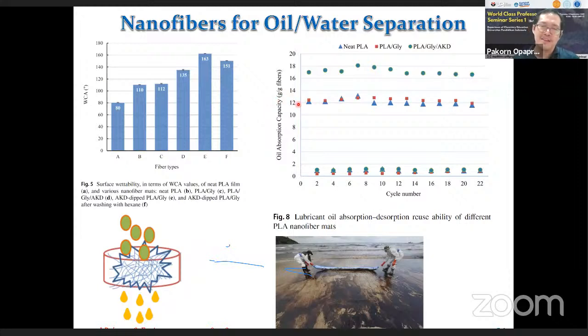The value here is 12 grams per gram of the fiber. And it can be repeated many times with almost constant performance around this value. So this shows that the material has very promising properties in these applications.